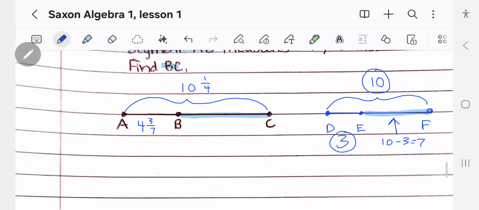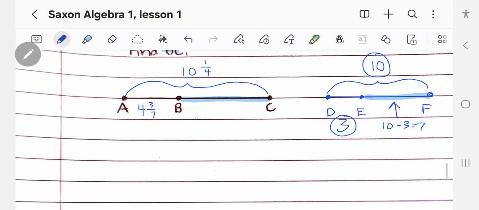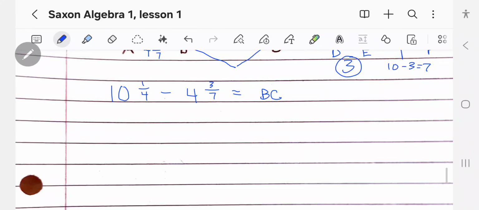Well, we can use that same reasoning over here. If they want this piece, BC, then we know that this piece plus BC is going to equal 10 1/4. So we can take the total, 10 1/4, take away the little piece that we know, 4 3/7, and find out what BC is. Okay, so now we're going to need to get a common denominator.